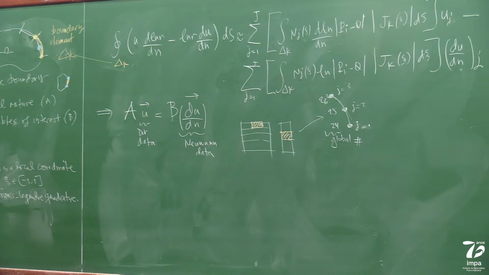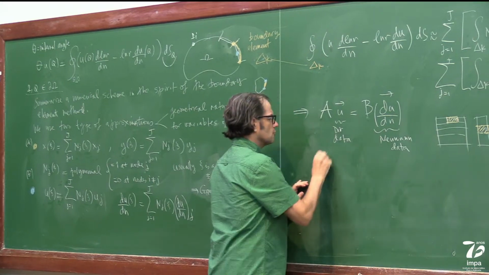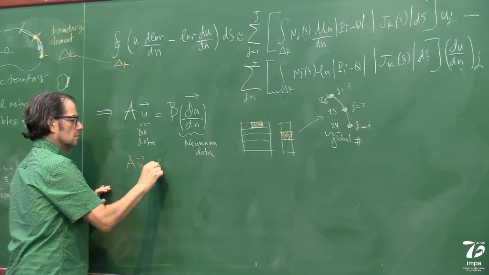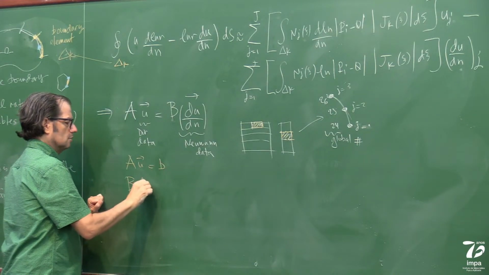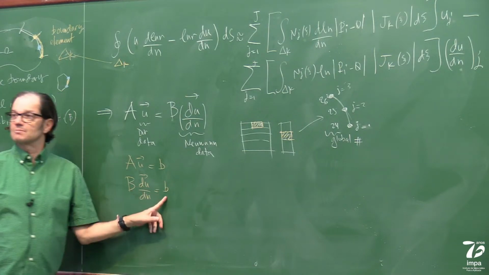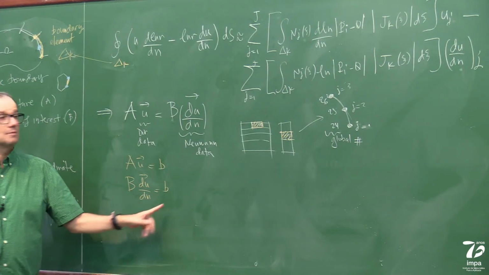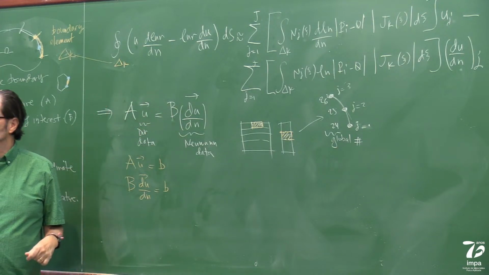If I want to solve for Dirichlet data, that means I know the Neumann data. So I can solve this system equal to B, or this system equal to B, where B is my known part, right? Because I either know this or that, since I know Dirichlet and Neumann.